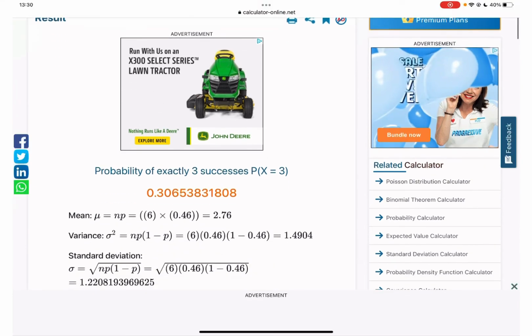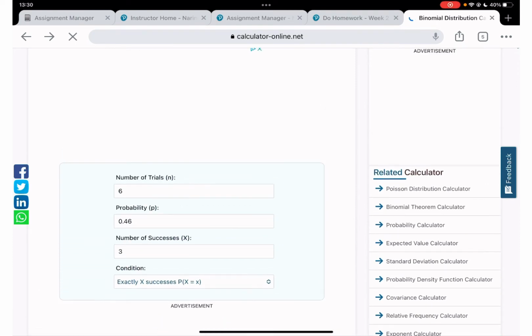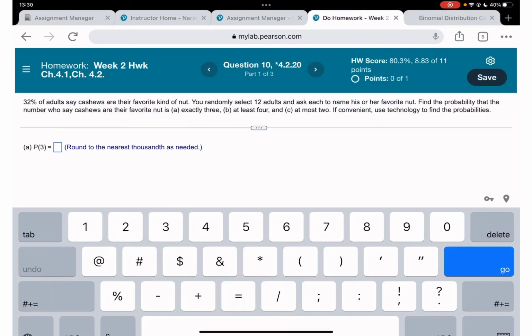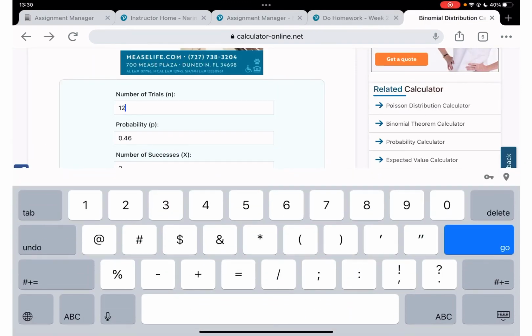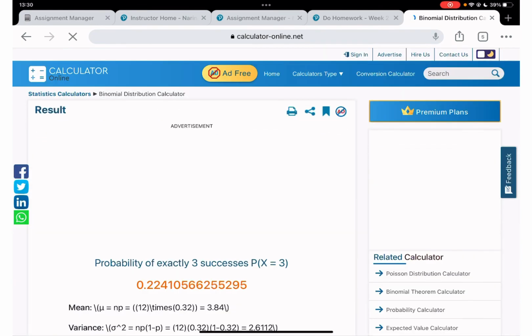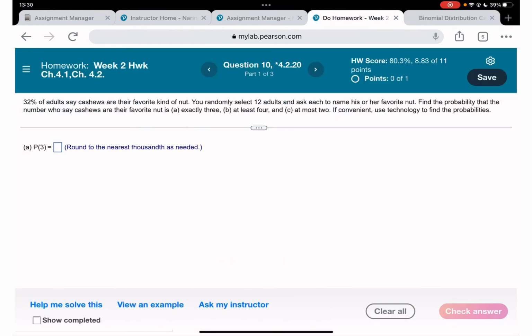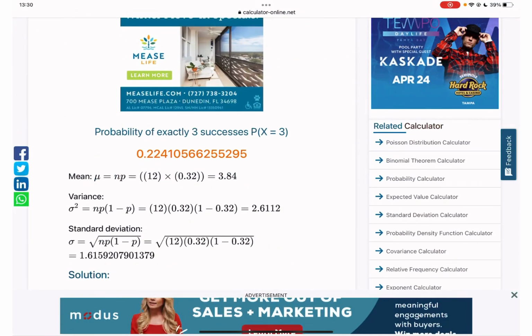Let's see. 12, 32, and here we get 3. And how many decimals? We need to be careful. Thousands. Okay, 3 digits. It's going to be 0.224.